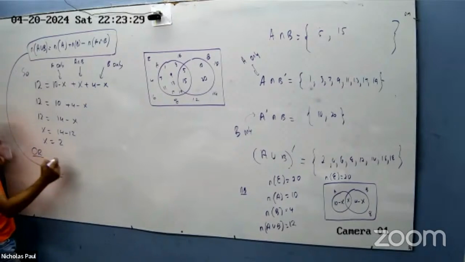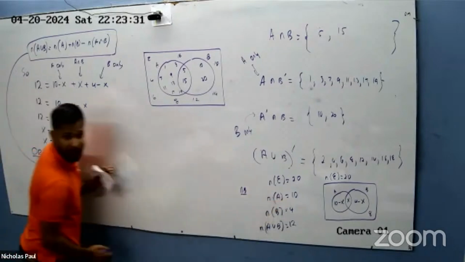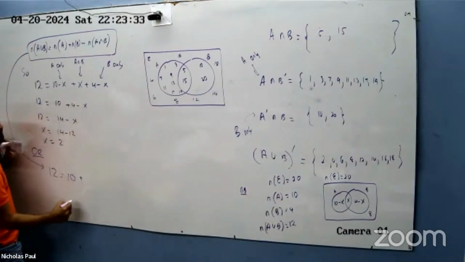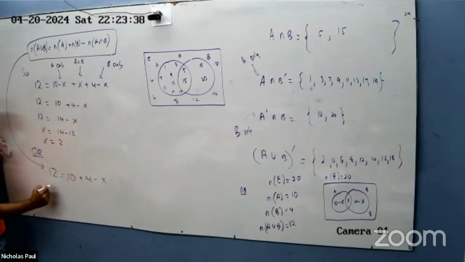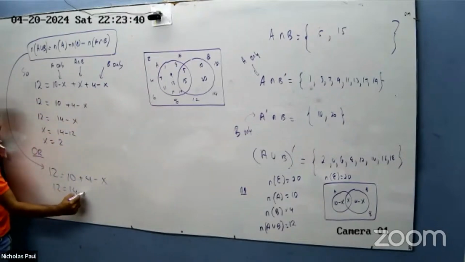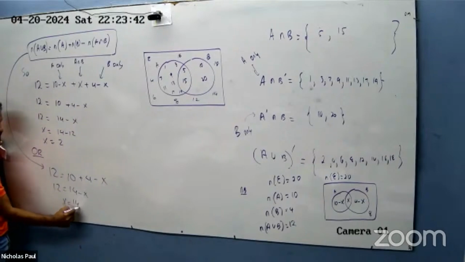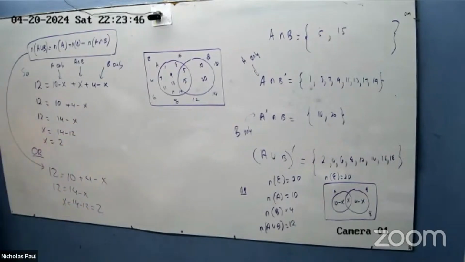No, the whole number in A. 10. And what's the whole number in B? 12 is equal to 14 minus X. X is equal to 14 minus 12, which is 2. Same thing, but I want you to understand this as well as this.